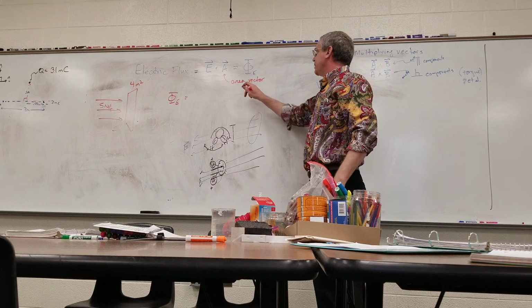Because remember, dot products care about parallel. If my area vector is parallel to the electric field, I'm going to get the maximum flux, because my area vector is in the same direction as my electric field. So this is my area vector.